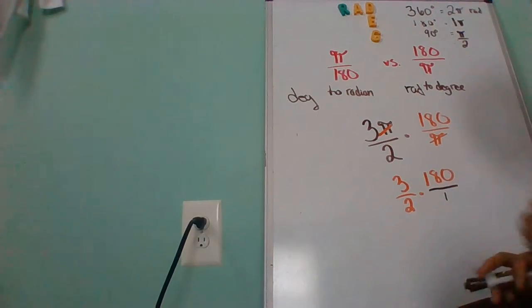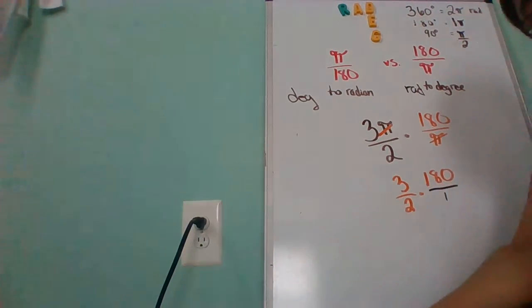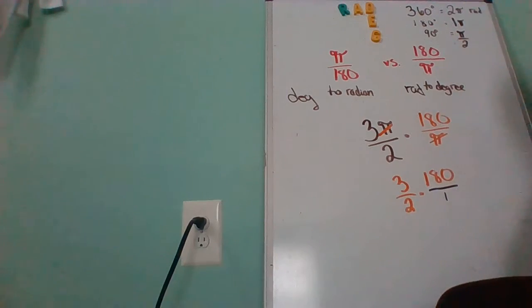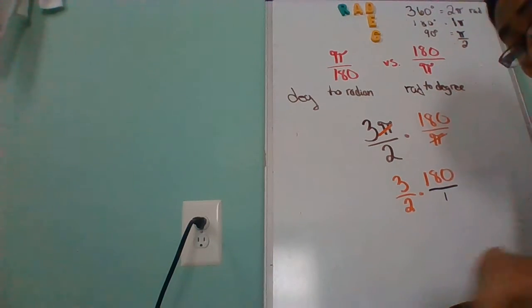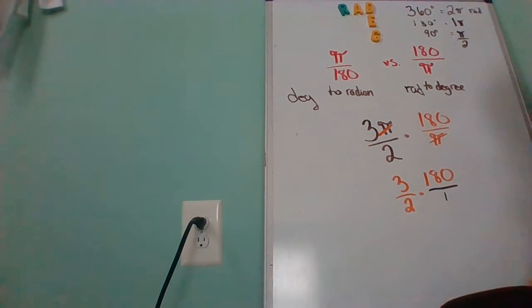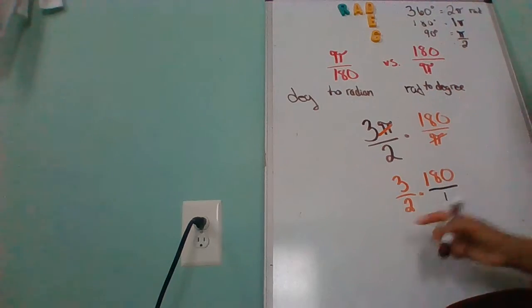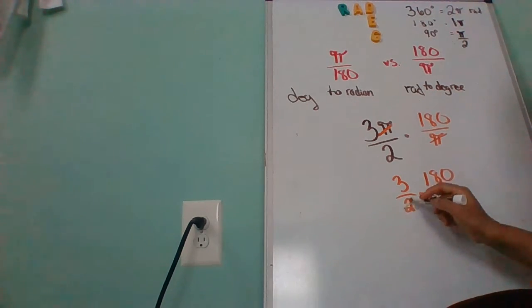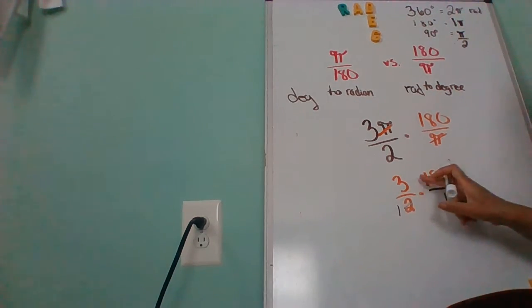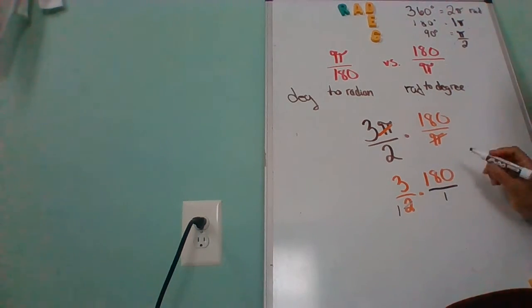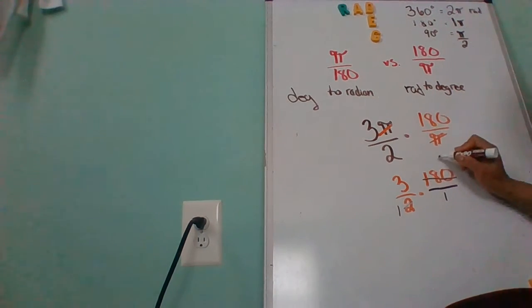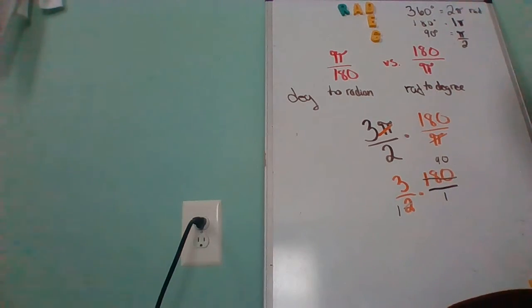So I'm going to take this 2 and this 180 and do what's called cross simplifying. 2 goes into itself 1 time, and 2 goes into 180 and gives me 90.